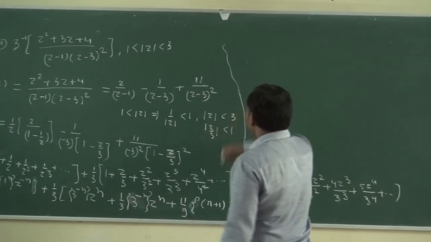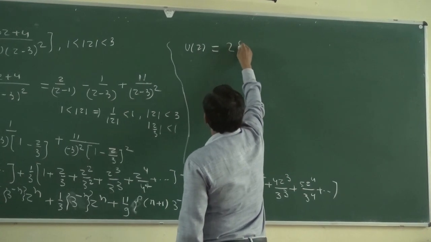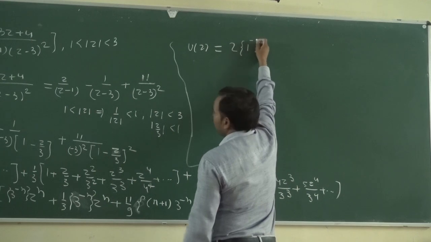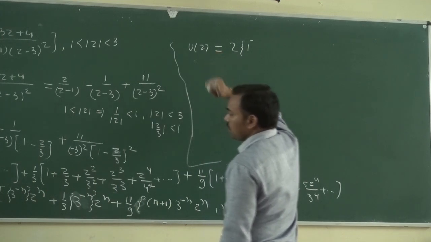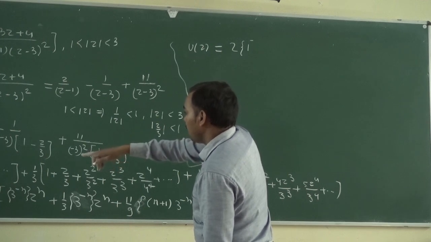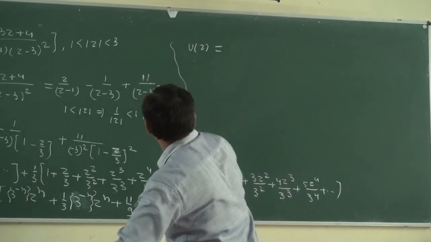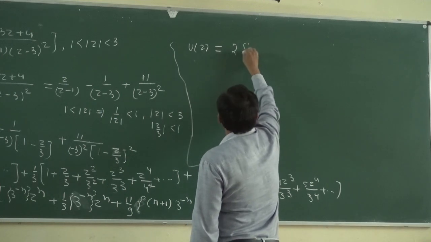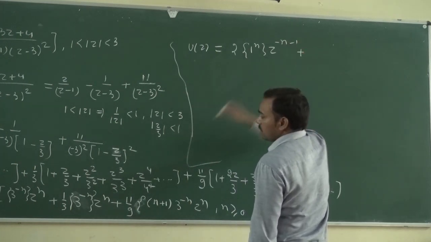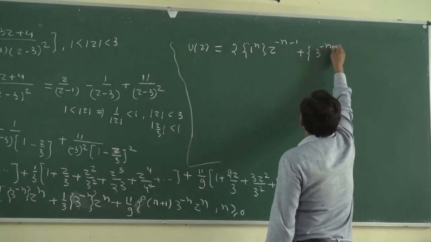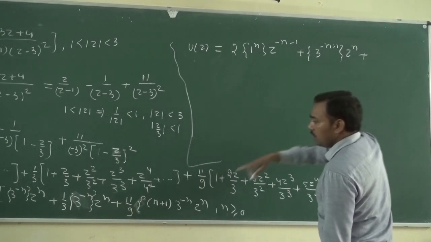Or this can be written simply as U of z equal to 2 times 1 to the power n, replacing n by n minus 1, so 2 times 1 to the power n, z to the power minus n minus 1, plus 3 to the power minus n minus 1, n minus 1, z to the power n.